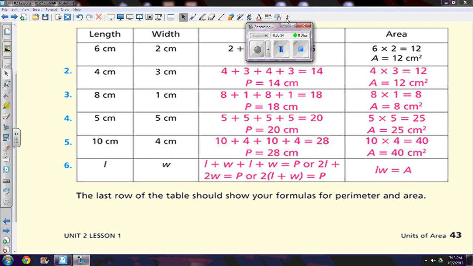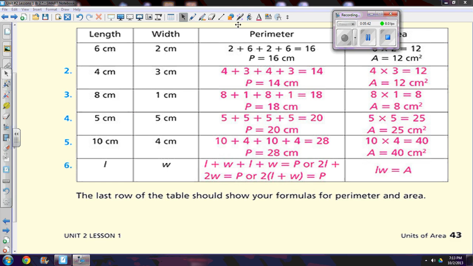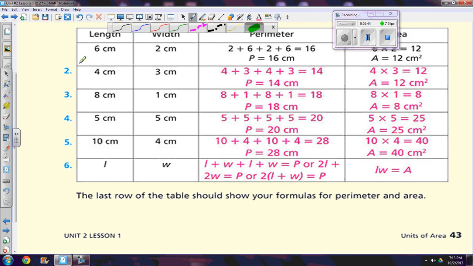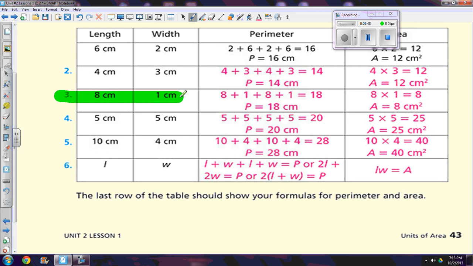All right, so number 2 we did. Number 3 now, you have 8 centimeters and 1 centimeter. So for perimeter, 8 plus 1 plus 8 plus 1 equals 18. So perimeter is 18 centimeters. And for area, it'd be length times width. 8 times 1 is 8 centimeters squared.